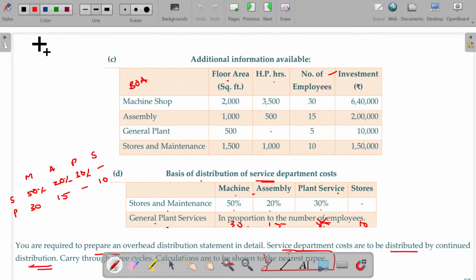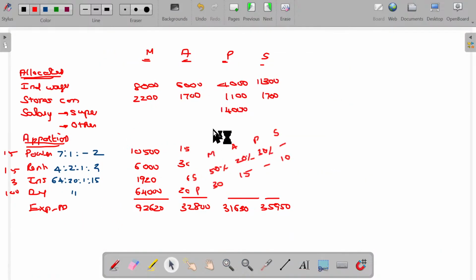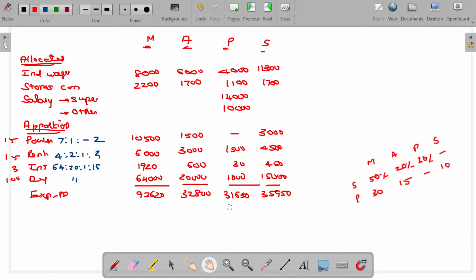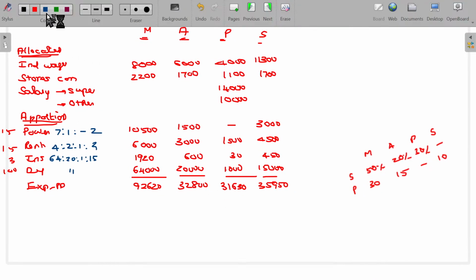Now for the secondary distribution, the ratio is already calculated. I'll now post this here. The repeated distribution method is followed, so I am going to follow that.